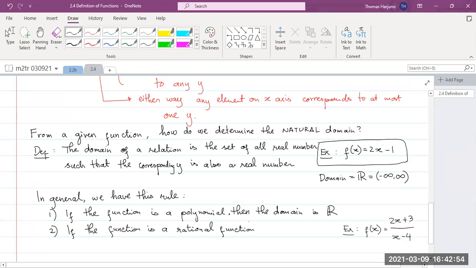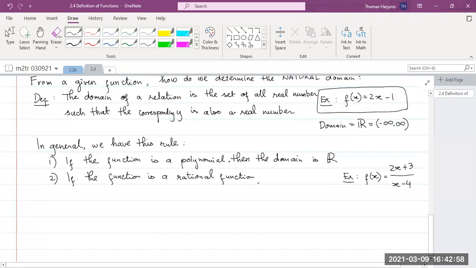Okay, then the domain is all real numbers except the zero of the denominator.